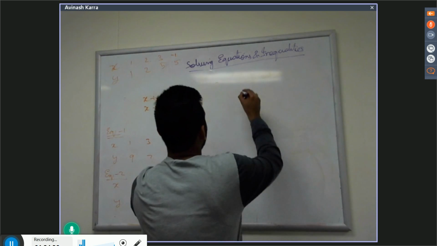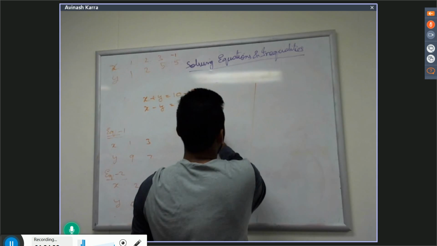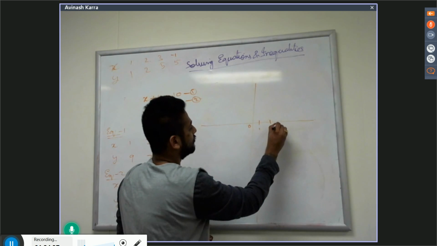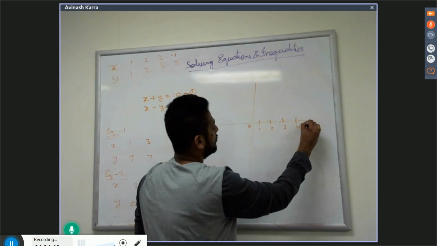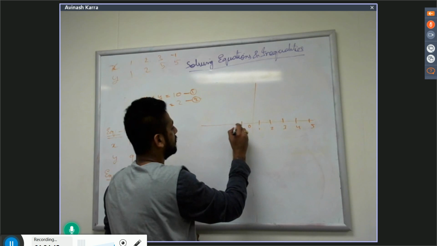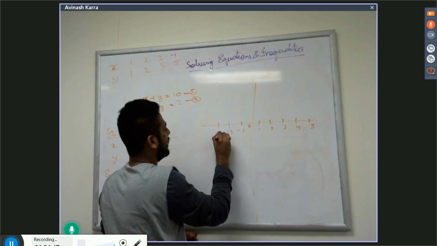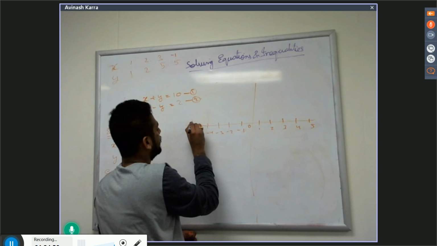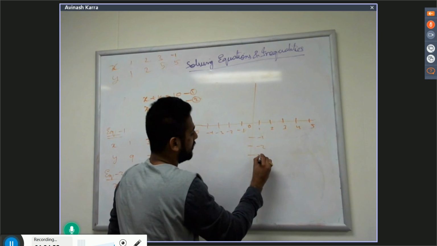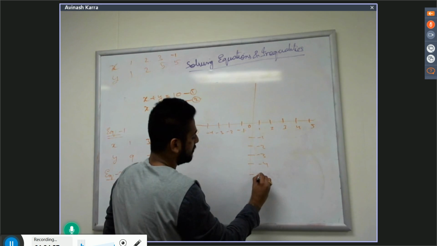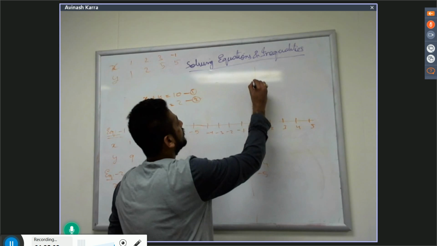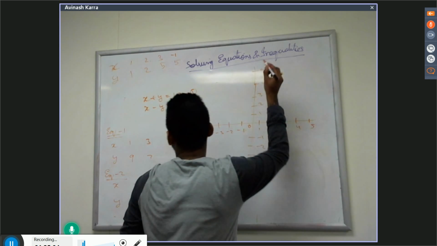Okay, if I draw these 2 lines, 0, 1, 2, 3, 4, 5, minus 1, minus 2, minus 3, minus 4, minus 5 on both axes.